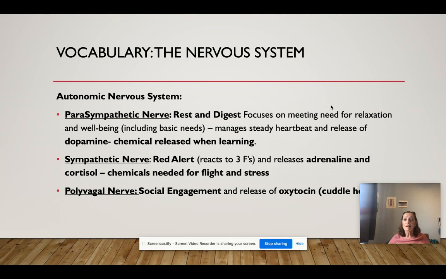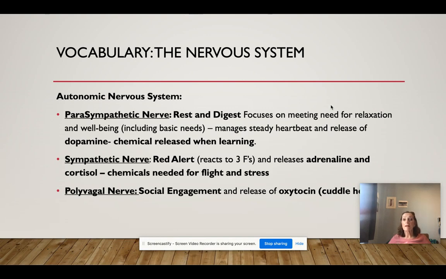Now, oxytocin coupled with dopamine going up to the prefrontal cortex and also to the limbic system with that thalamus region is enabling us to learn. So isn't that great? So we really need to be mindful that we need to have the oxytocin level with the polyvagal nervous system.